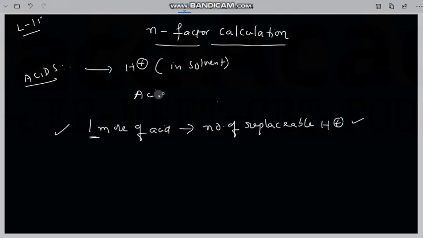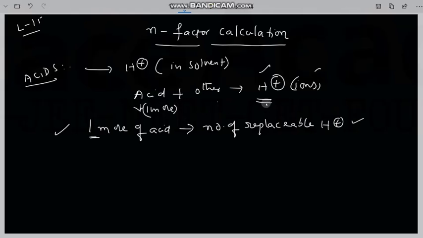That means acids react with other substances, and at that time the acid furnishes H+ ions. These are the replaceable H+ ions when the acid is taken as 1 mole. That number is called the n factor. So, the number of H+ ions which are replaceable from 1 mole of acid is called the n factor.